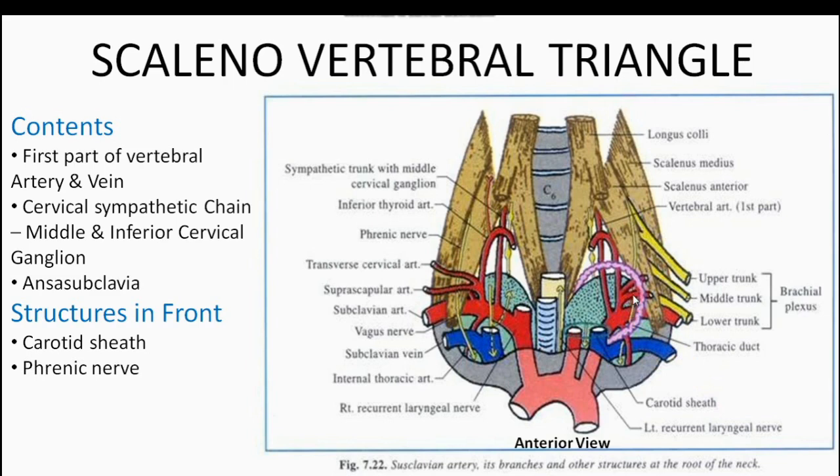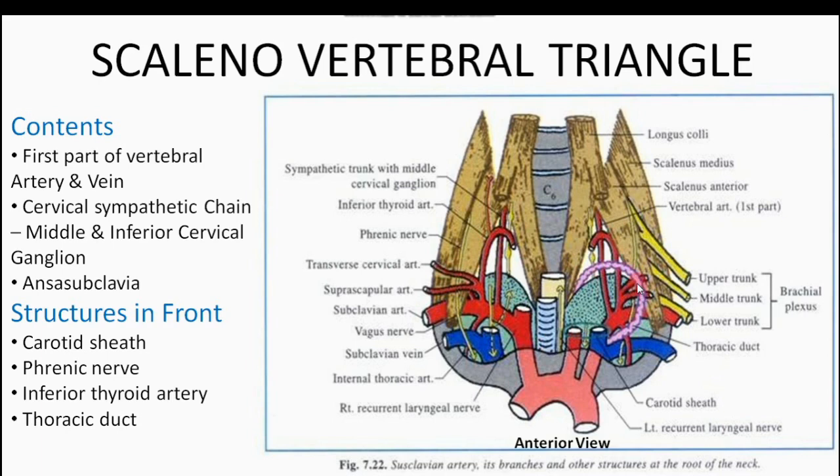Then in front structures are this phrenic nerve and inferior thyroid artery, and this thoracic duct in the front.